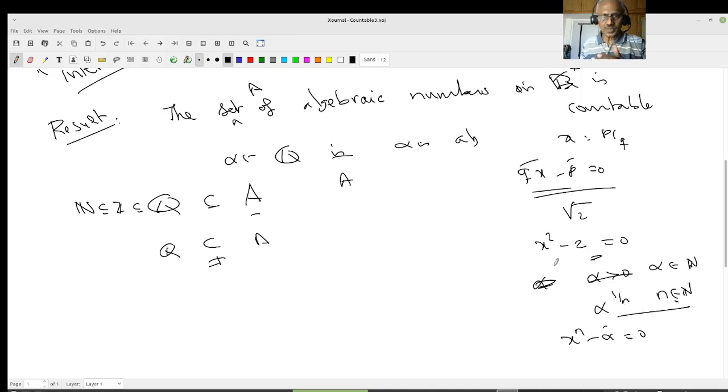Most of them, you know, are not going to be rational, because I can take alpha to be 2 cubed, therefore alpha to the power 1/3 will be 2 only. You understand? Are you following me? Try to think.